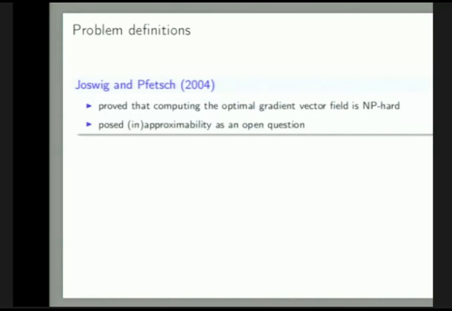So you can ask classical complexity questions about what is the optimal gradient vector field. When I say optimal, I mean, of all possible gradient vector fields on the complex, the ones which have the minimum number of critical simplices. Any such gradient vector field is an optimal gradient vector field. Computing such an optimal gradient field is NP-hard.